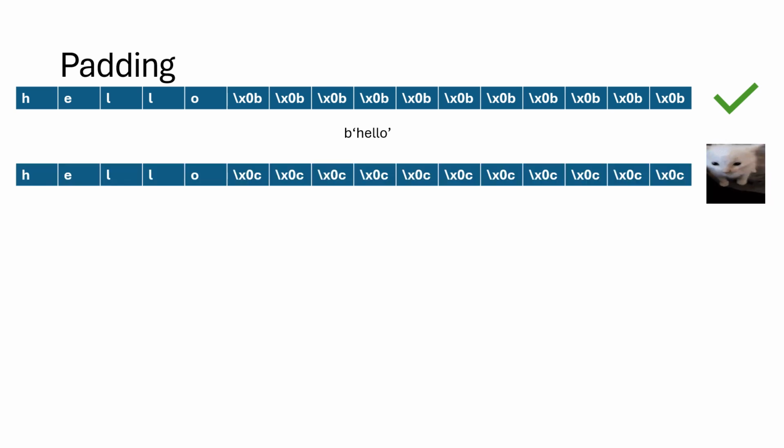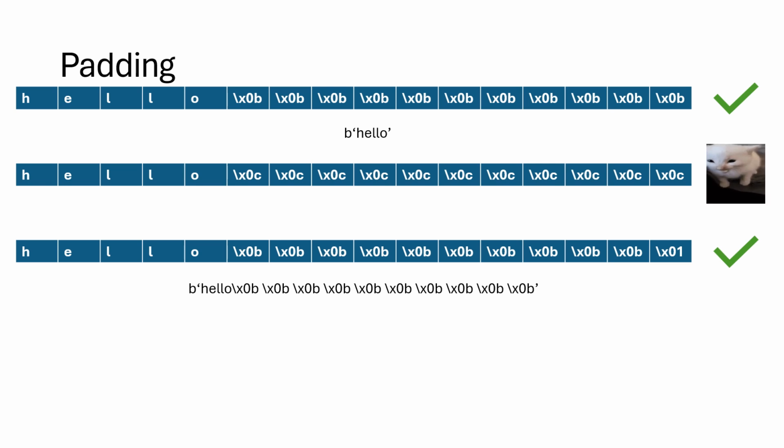Okay, but if instead of putting hex 0b as our byte, we put hex 0c as our byte, then we can't unpad it, because now we're expecting 12 bytes of padding, but we only have 11. So whatever is unpadding our block can potentially throw an error.